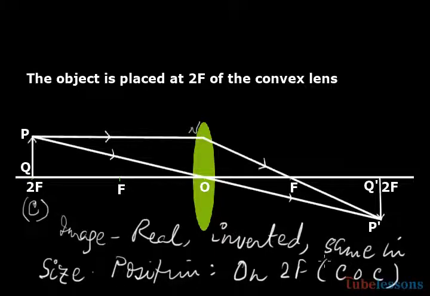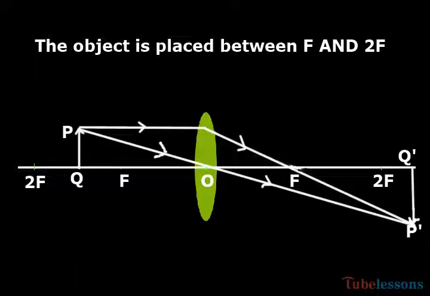Now we will go through the fourth case. When the object is placed between focus and center of curvature, that is F and 2F, the formation of image by a convex lens.